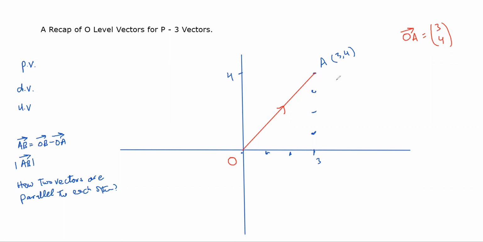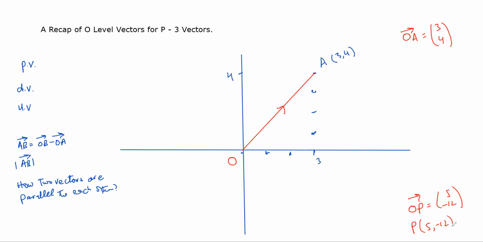If we are determining the point A from the origin, we just say that the position vector of A is 3, 4. If I tell you that the position vector of a point P is 5, minus 12, can someone tell me what are the coordinates of the point P? If OP is 5 and minus 12, then P is 5 comma minus 12.